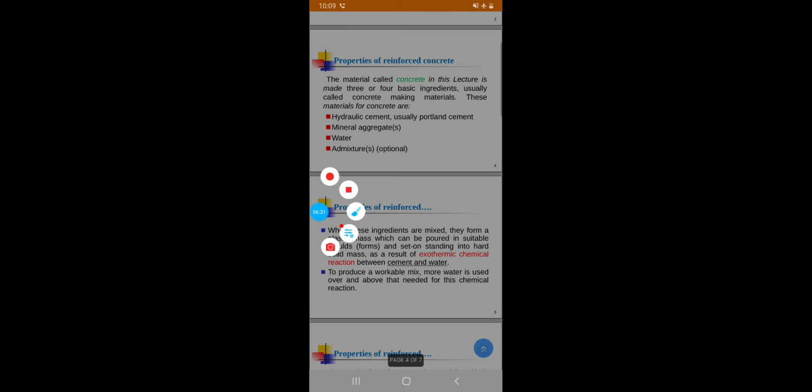The next point is the property of reinforced concrete. What kind of property does this have? Before we start, let us look at what it means. This one is nothing but the bar or reinforcement, which has a length of 12 meters.